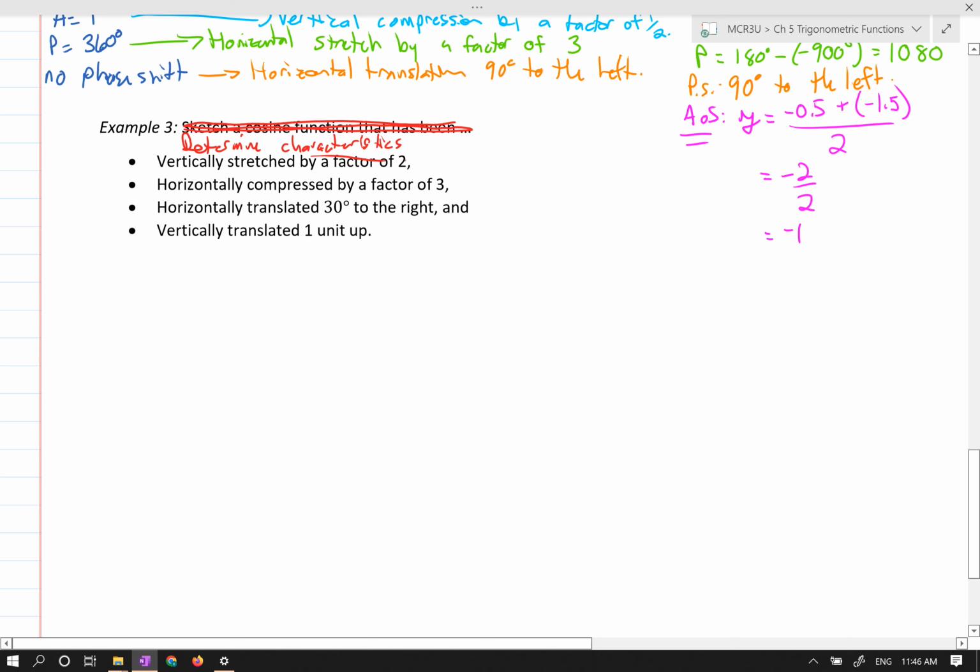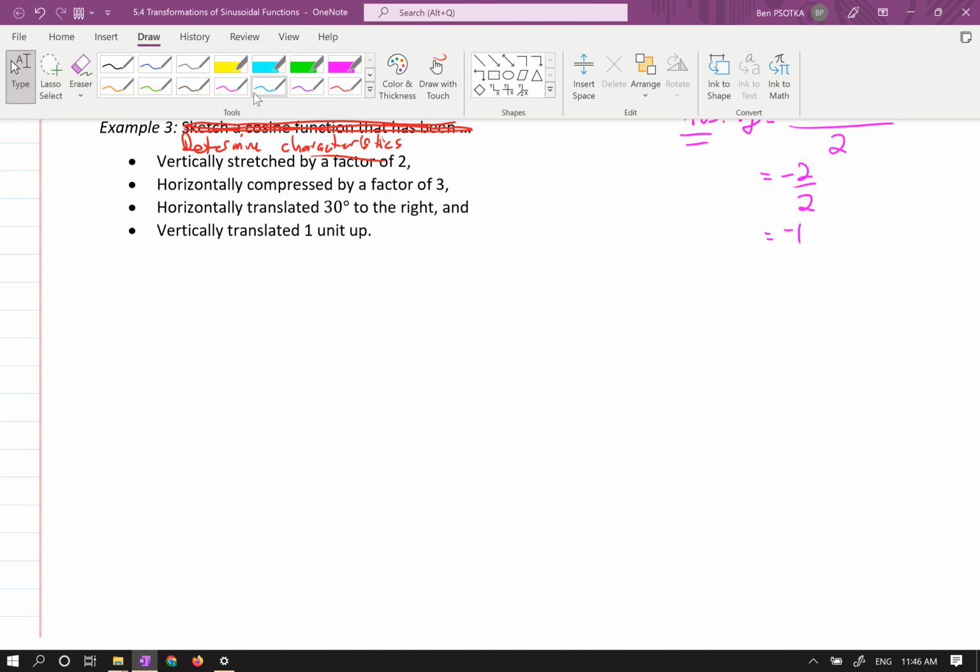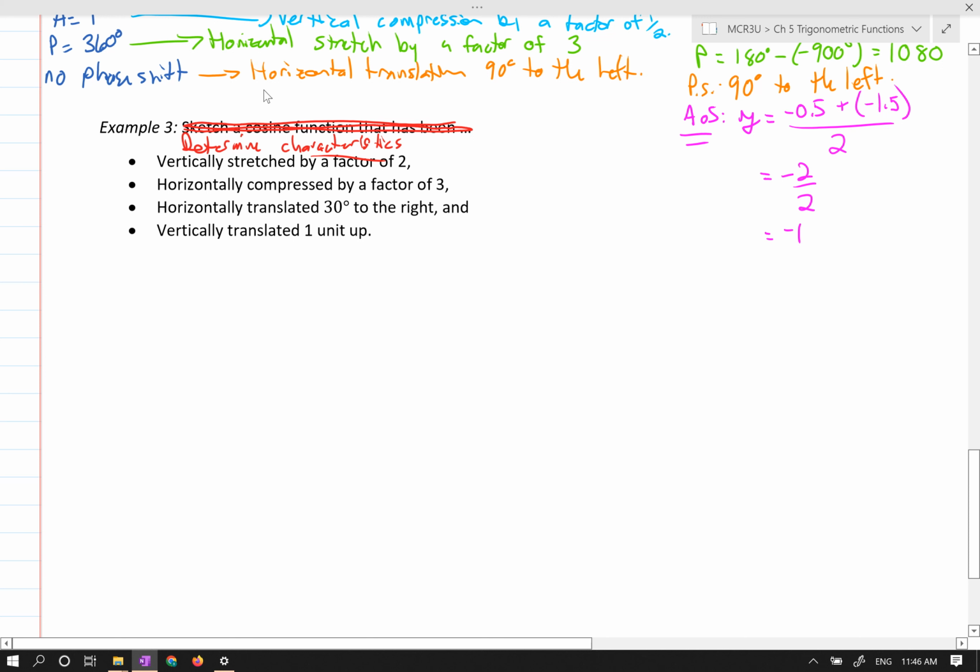So it's been vertically stretched by a factor of 2. Again, we know our original characteristics. We have an amplitude of 1. We have a period that is 360 degrees in length. We have no phase shift. And we have an axis of symmetry at y equals 0.